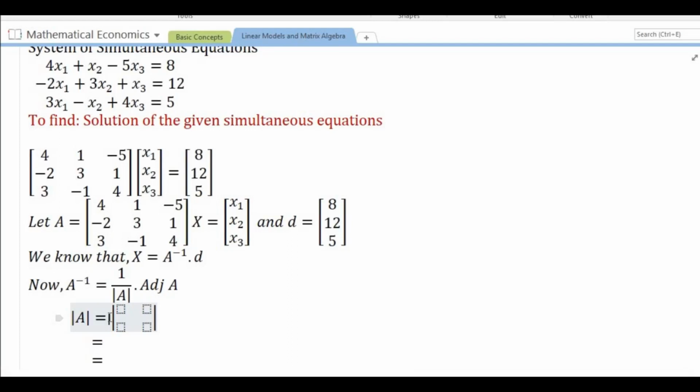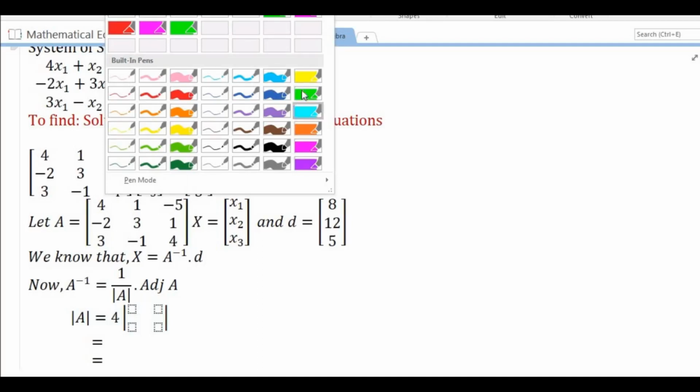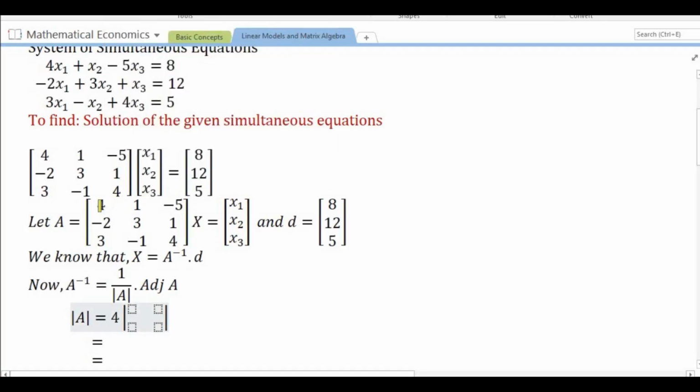It is an even number, so we have plus sign out here, 4. Now deleting the row and the column in which element 4 is present, we are left with 3, 1, minus 1, 4.